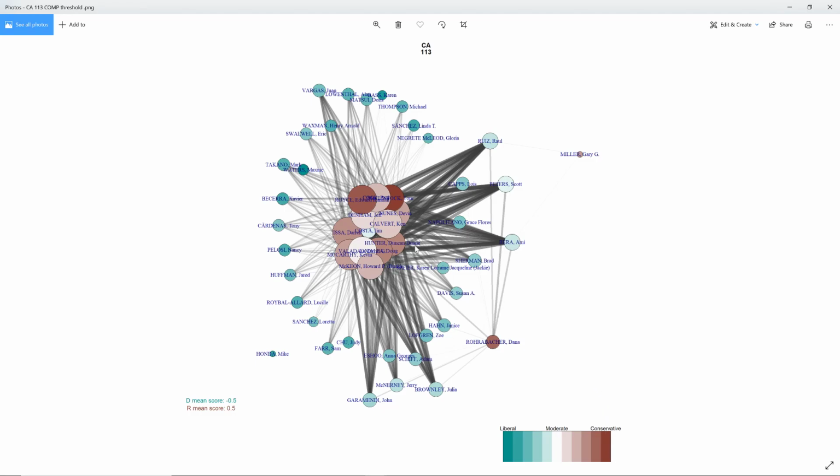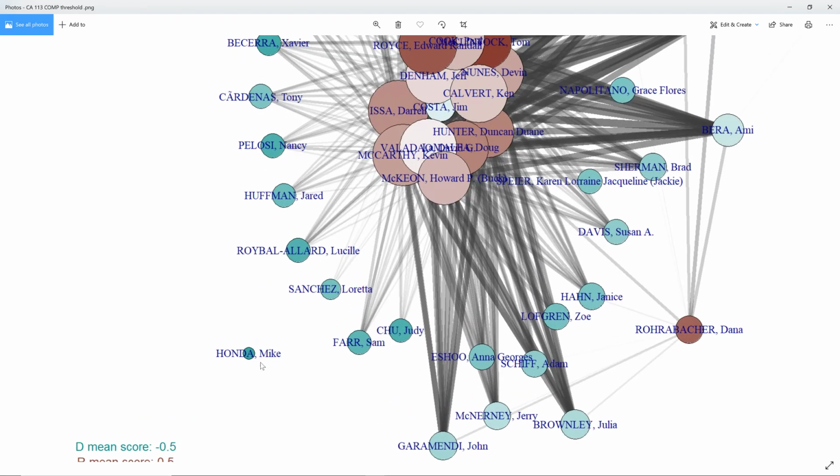And we can see that through all these really dark lines, they mostly connect to the lighter colored blues, which are the more moderate Democrats. And the darker colored blues, I hope you can see my mouse, are on the left side, and they have significantly fewer connections. And we can see that the darkest blue, I guess it might be this one here, but also this one is quite dark, Mike Honda. He has very few connections.